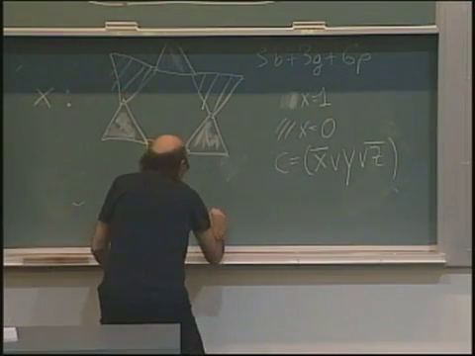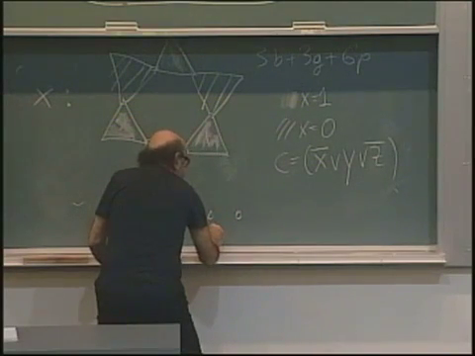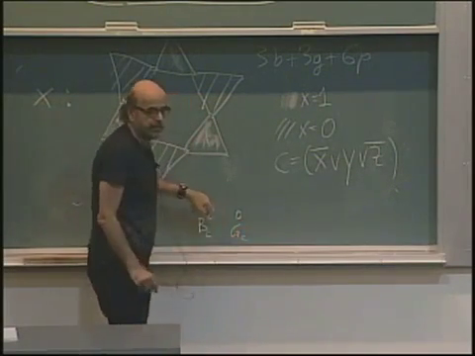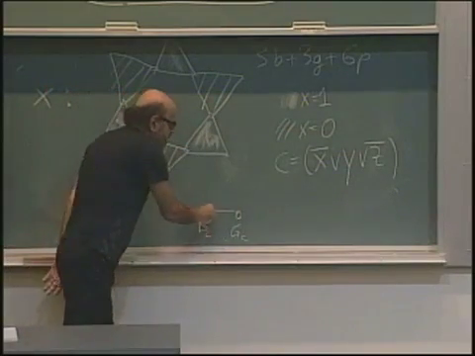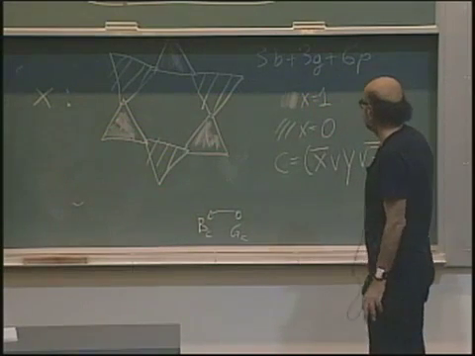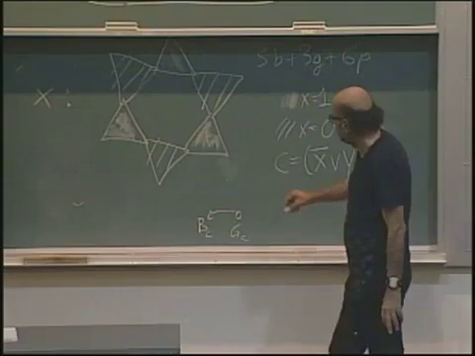I'm going to have one boy and one girl. Let's call them boy sub C and girl sub C. These are the boys and girls of this clause, and they like each other. The question is, which pets do they like? And it turns out that they like this pet.